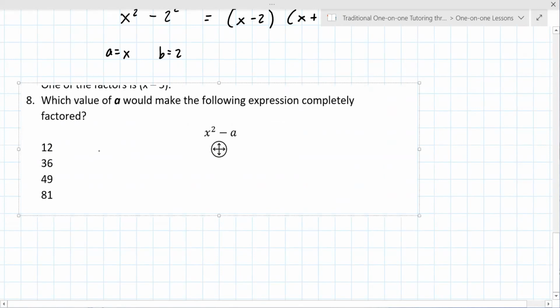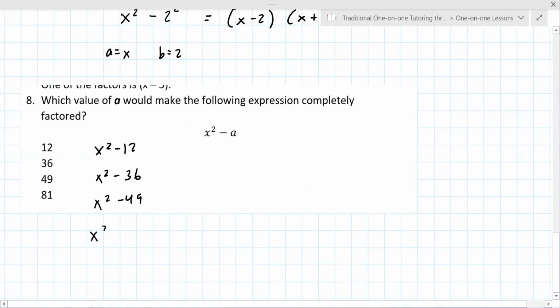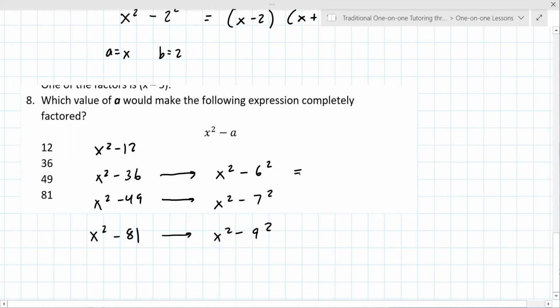You have to look at it like it's x squared minus 12, x squared minus 36, x squared minus 49, and x squared minus 81. Maybe you see right away that this is really x squared minus 6 squared, this is x squared minus 7 squared, and this is x squared minus 9 squared.